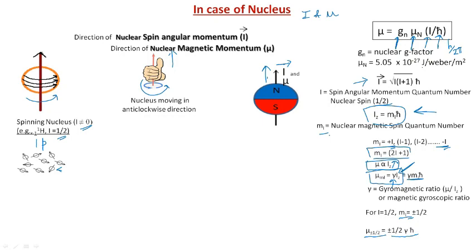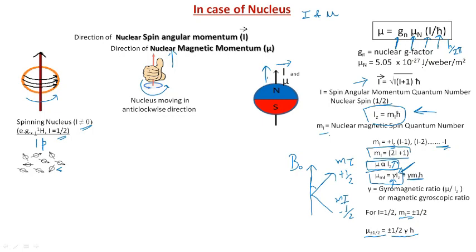These values suggest that a nucleus of proton has two different allowed orientations, that are equal to plus half and minus half m_I values with respect to the z direction or the direction of the applied magnetic field.